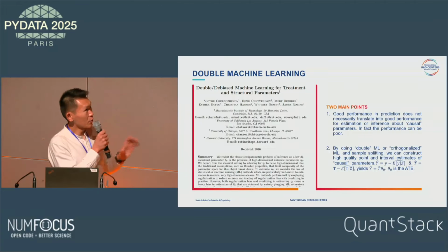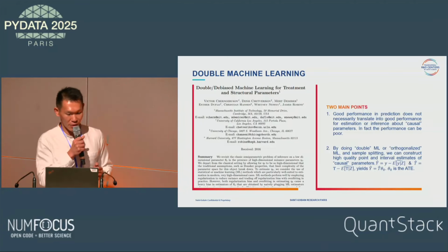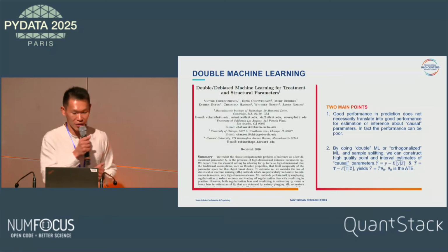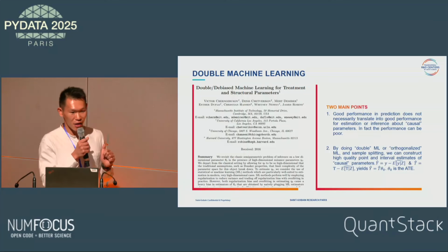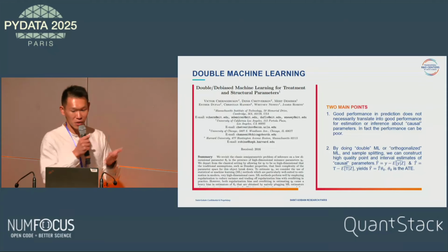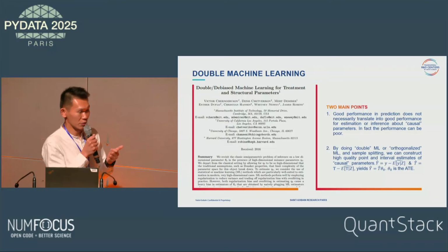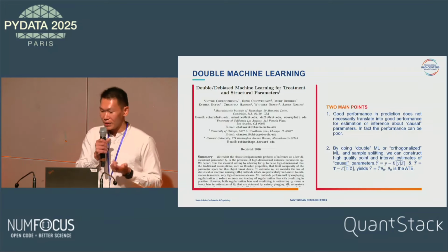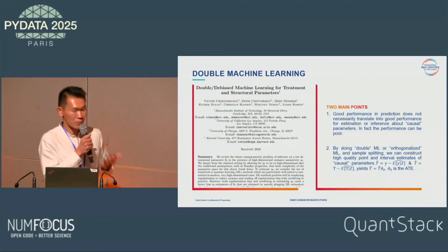The method that we use is called double machine learning. I provide you this reference here if you want to dig deep into the math. But it actually presents two main points. The first one is that good performance in prediction doesn't mean that you will get good performance in the causal estimation. And the second point is that we want to debias our data as much as possible.